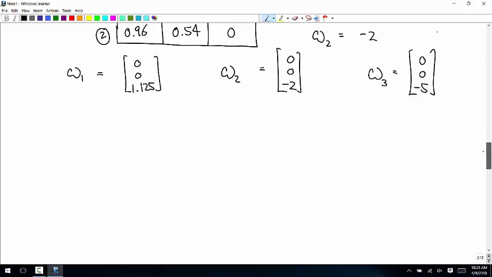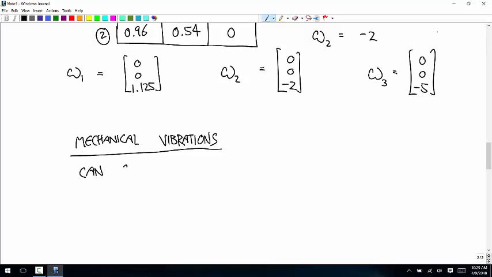So now we're going to talk about mechanical vibrations. These can occur in any system where, I'm going to call it a restoring force.